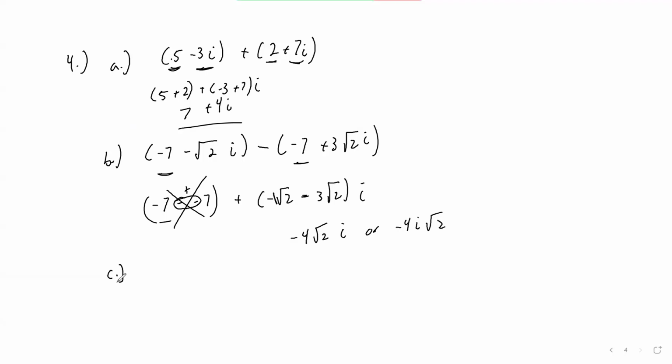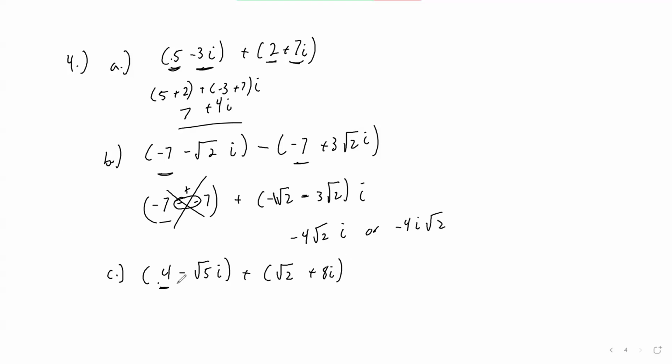Let's look at part C. So C is 4 minus square root of 5i plus square root of 2 plus 8i.